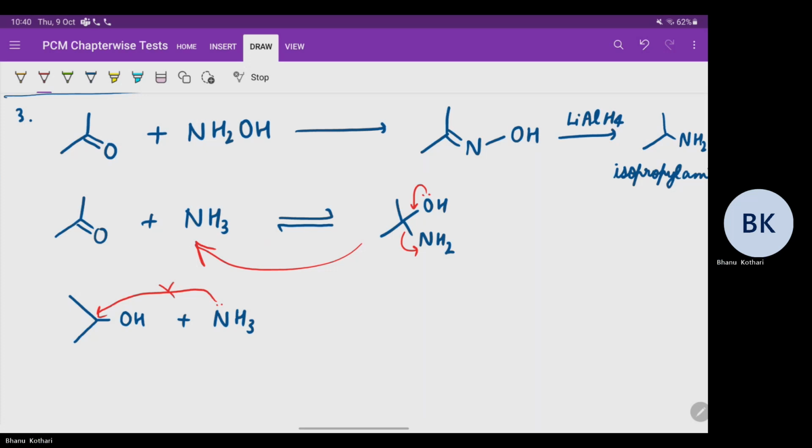So here there will be no reaction. The second step, even if this is formed, we'll get an imine, and imines cannot be reduced by H2/Ni.